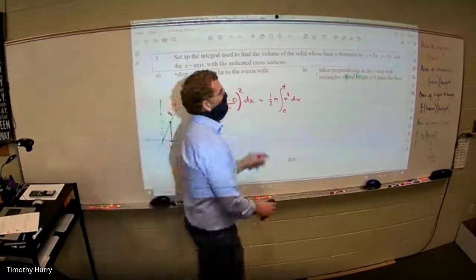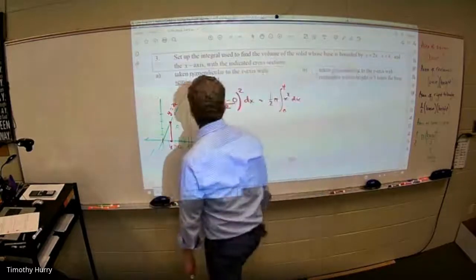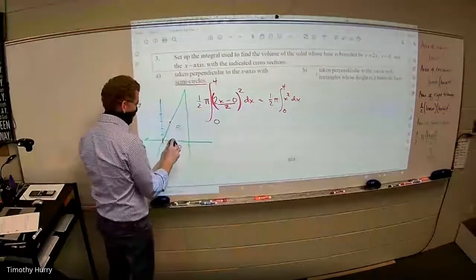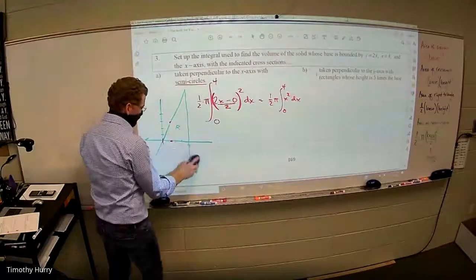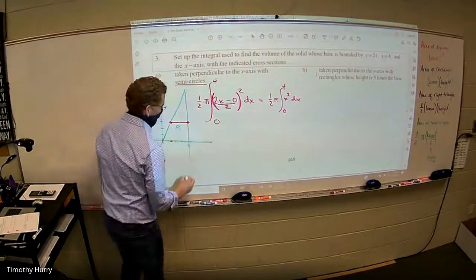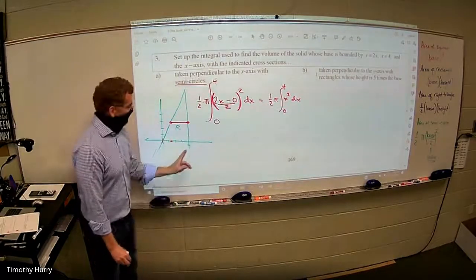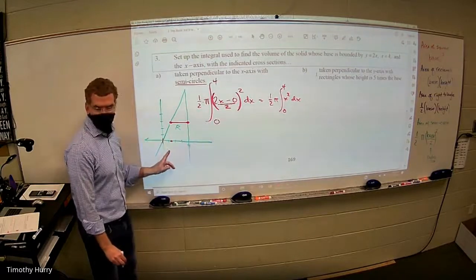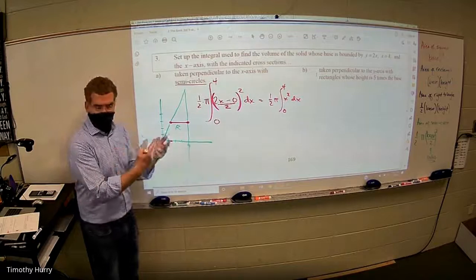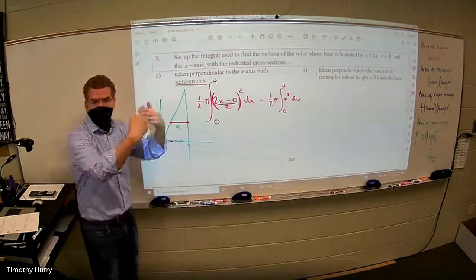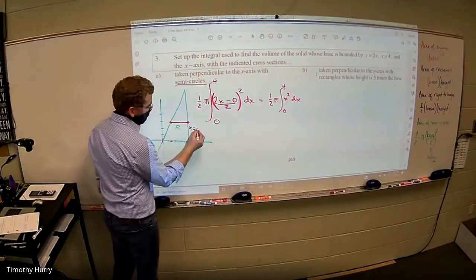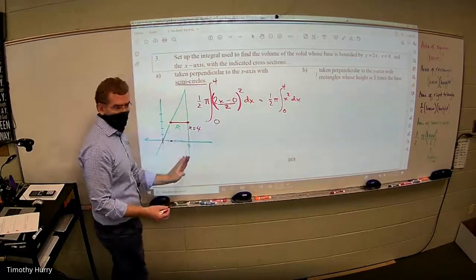All right, now what if I'm taking perpendicular to the y-axis? So perpendicular to the y-axis means now my slices are going to be looking like this. Now to do that, I need to subtract this right x minus this left x, which means I have to solve for x in terms of y. So right here, there's no y, but that's the x equals 4.